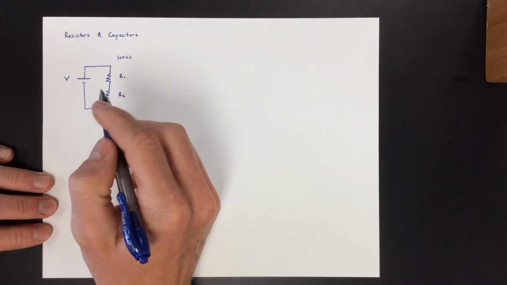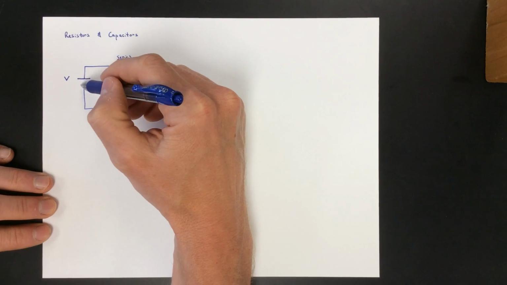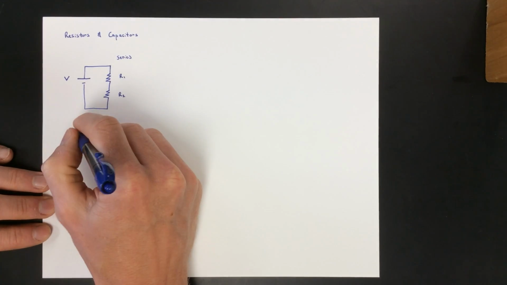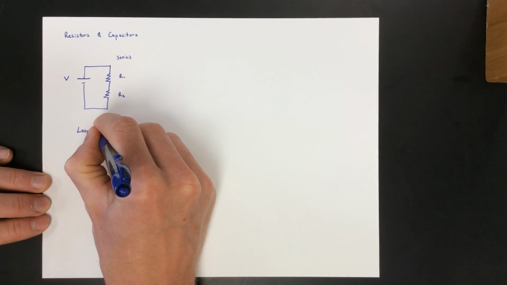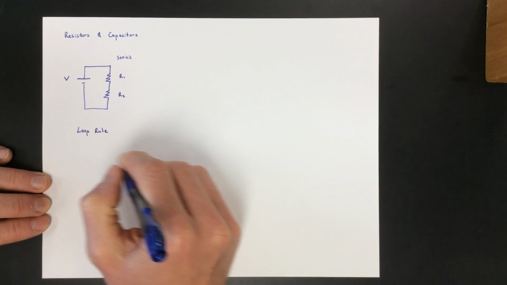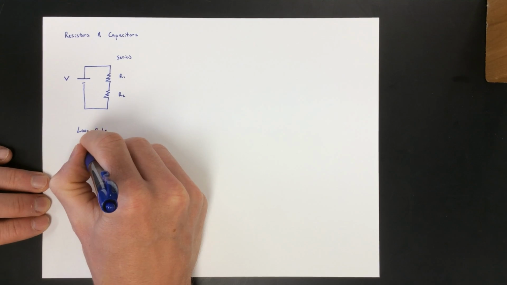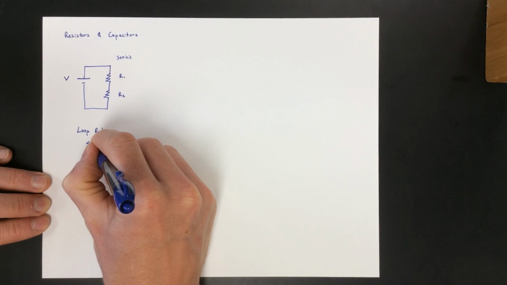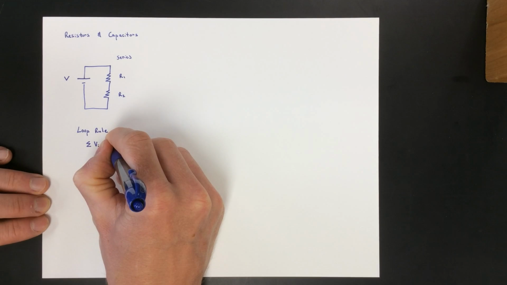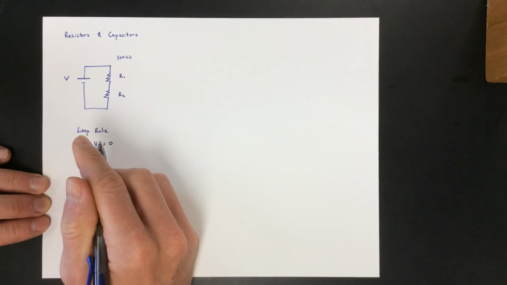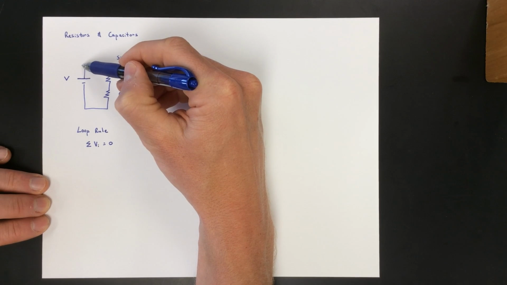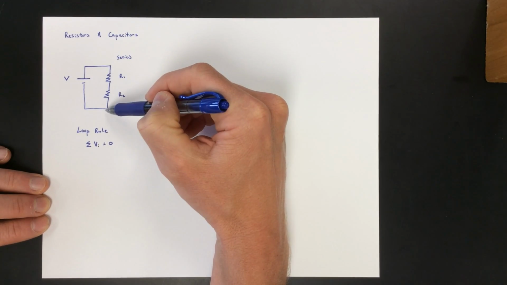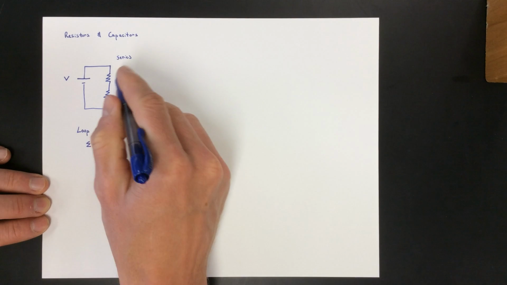Well, if we go around a circuit and do the loop rule, which eventually will be Kirchhoff's law, the sum of all the voltages around a loop has to equal 0. All that's saying is that the voltage gain of the battery has to equal all the losses.